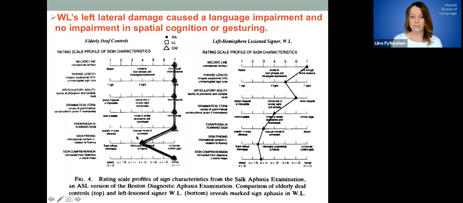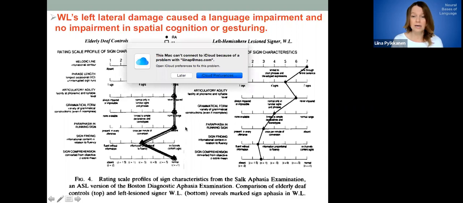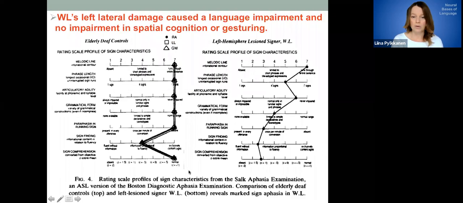The angle comes from the sign finding test. Normal is in the middle, and then here on the left, fluent without information. So that's a Wernicke's aphasia pattern. And then on the right side, we have exclusively content signs. So that's the pattern where you have an agrammatic production, Broca's aphasia like.